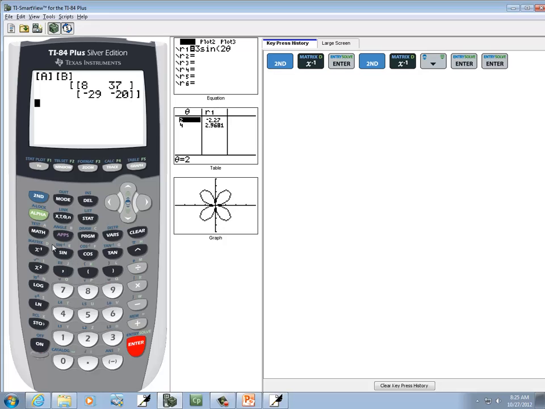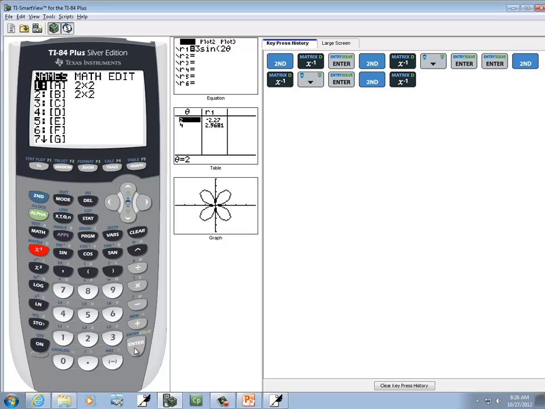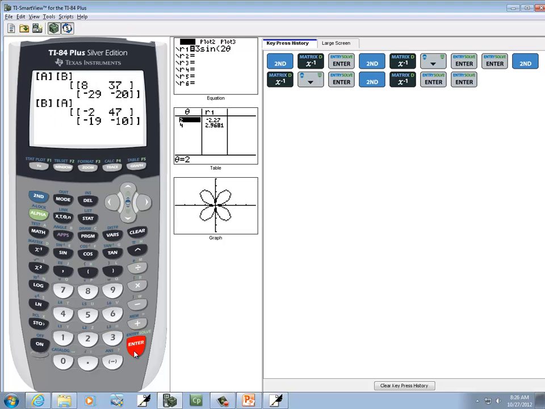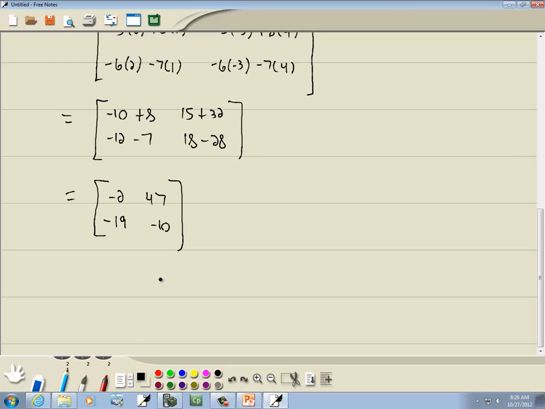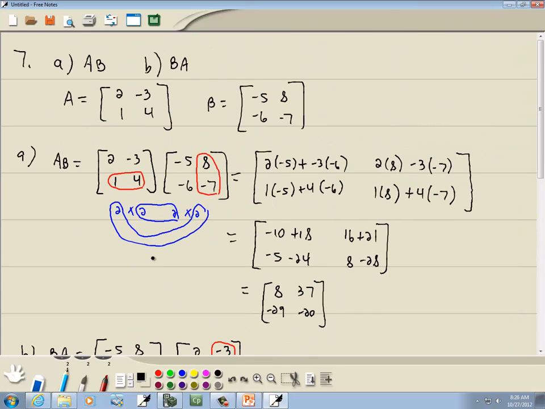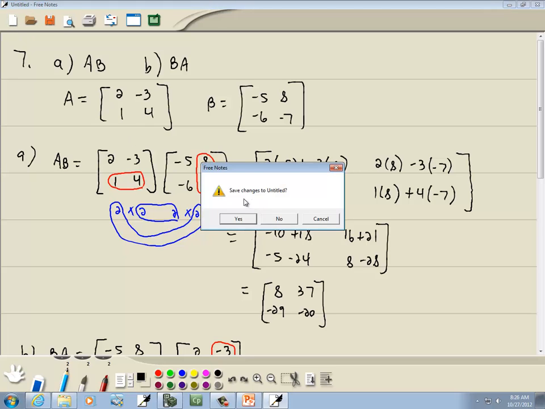Let's go find B times A. So go back to my matrix menu, second x -1, down arrow to B, enter. Go back to my matrix menu, second x -1, enter on A, enter again. -2, 47, -19, -10. I'm surprised I haven't made a math error so far. But those are the answers.